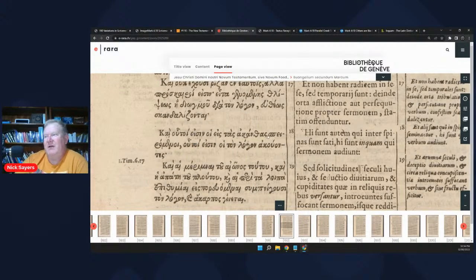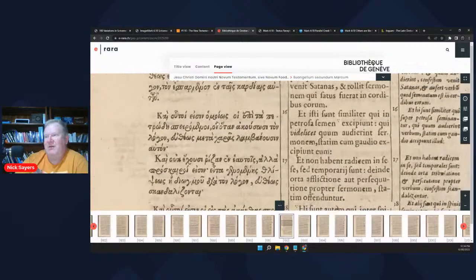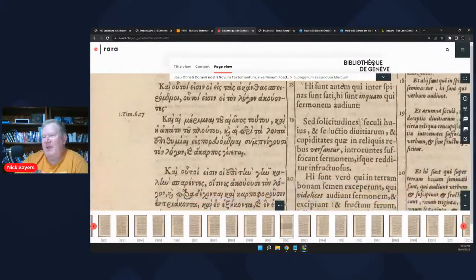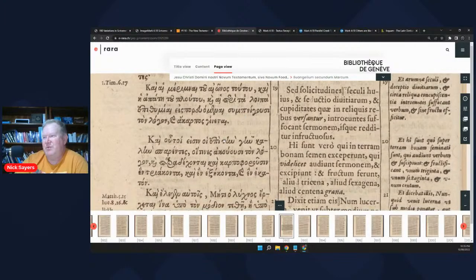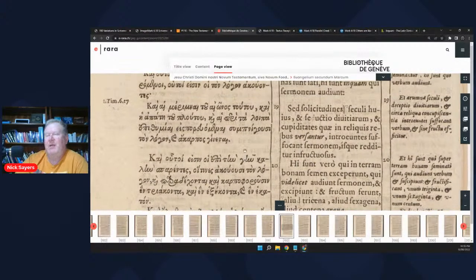Also, like I was pointing out, "hoti eisin" in verse 16, which is "sunt" here, and I think it was verse 20, "hoti eisin hi sunt." So there we go.